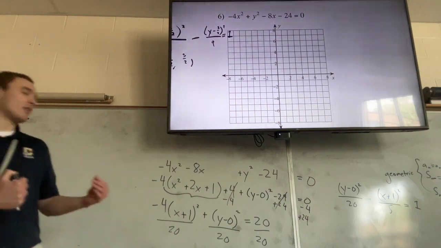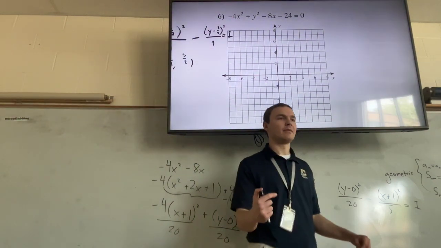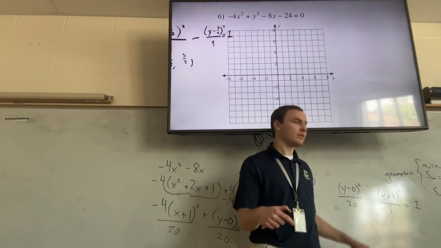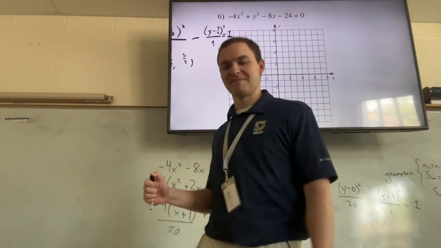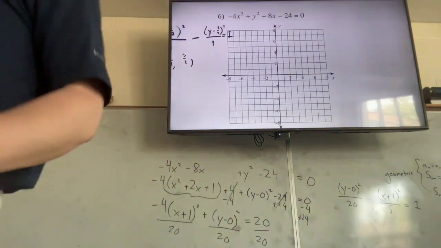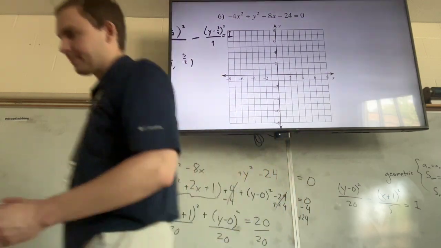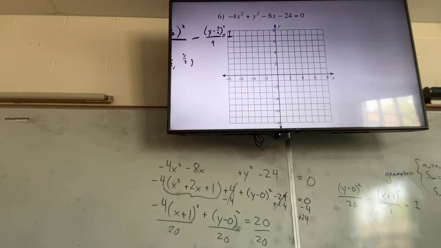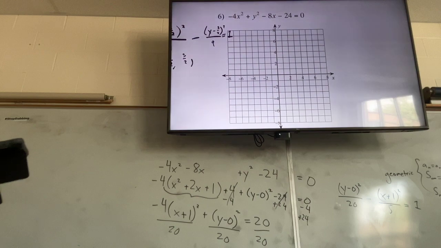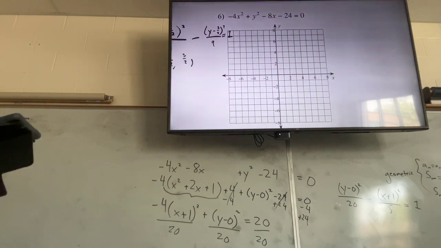Okay. So we know it's a hyperbola and not an ellipse because why? Because of this minus. Good answer. All right, so that's my standard form right here. For that graphing, we're just supposed to find the center. So where's my center here?